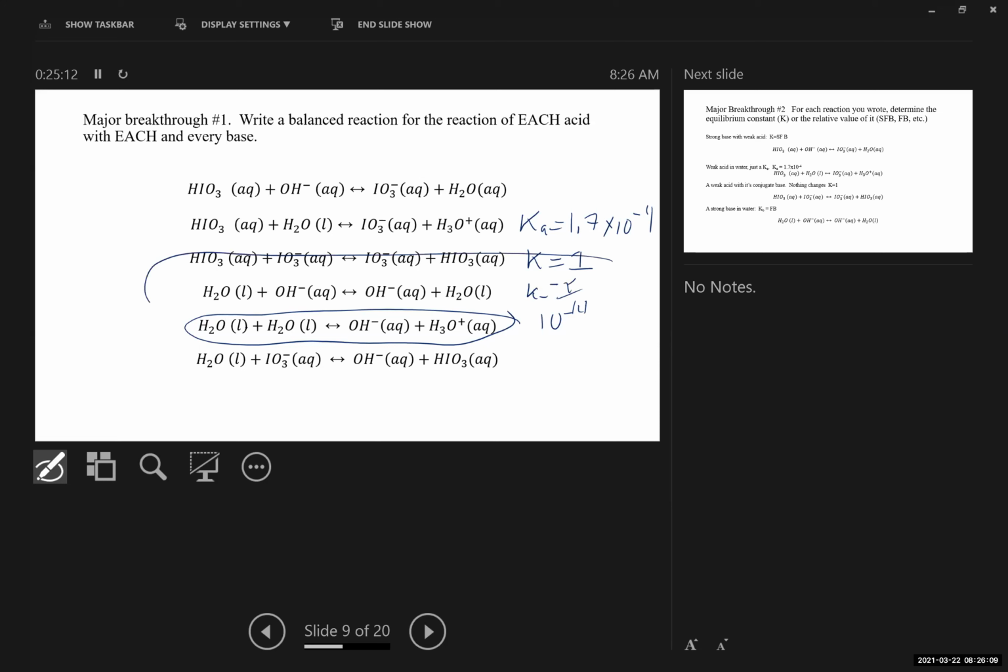Neither one of these will change the concentration of anything because the products are the same as the reactants. And so that only leaves me 2 that I have to figure out, right? And so iodate with water, what kind of reaction is this?